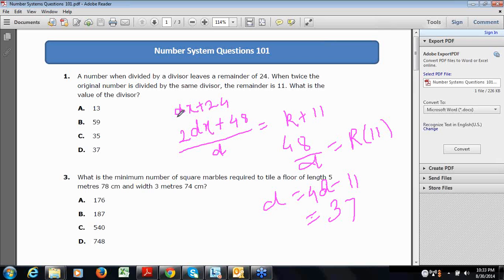The number is dx plus 24. Now you are doubling the number because it says twice the original number. So twice the original number will be 2dx plus 2 into 24. It will be 48. Now it is divided by d. It leaves a remainder of 11. So 2dx will be completely divisible. 48 will leave a remainder of 11.